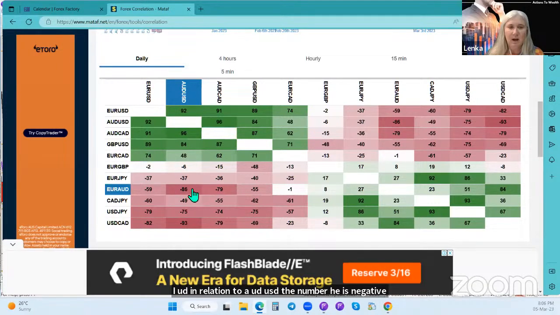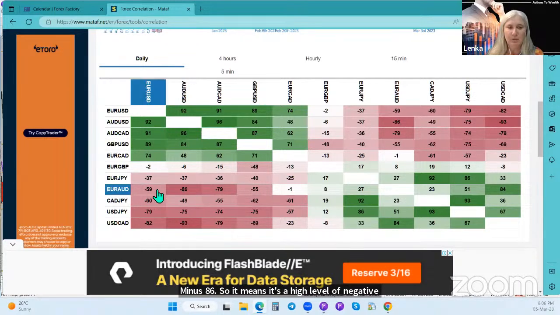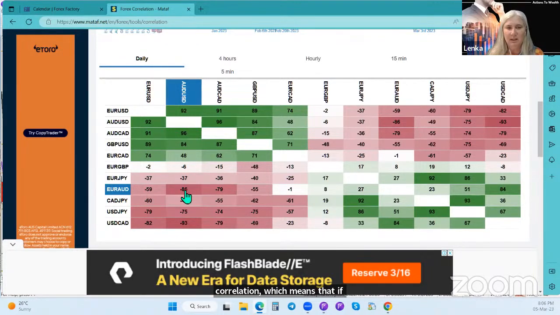So it means it's a high level of negative correlation, which means that if euro AUD goes one way, it's likely that AUD USD would go in the opposite direction. So if we are looking at euro AUD going short, then we would be at the same time or on the same day looking at AUD USD going long.